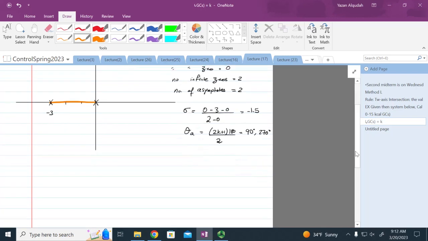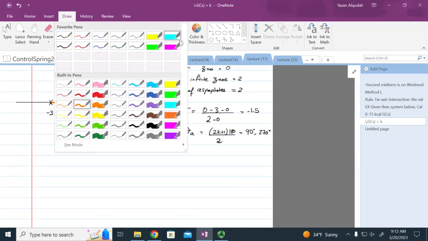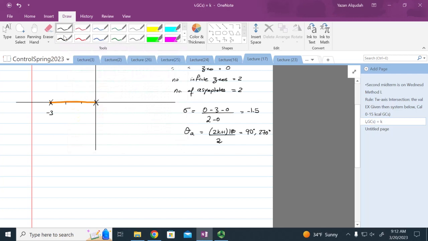Now I want to calculate the breakaway point. So for the breakaway point, we have k multiplied by G(s)H(s) equal to k divided by s multiplied by (s plus 3), which is equal to negative 1.